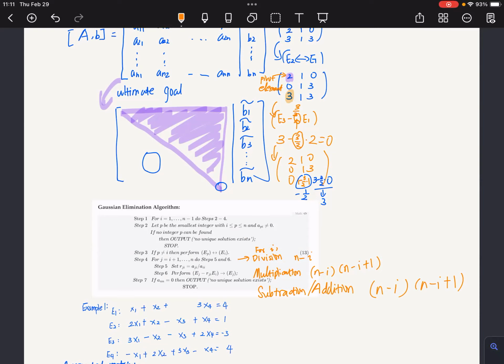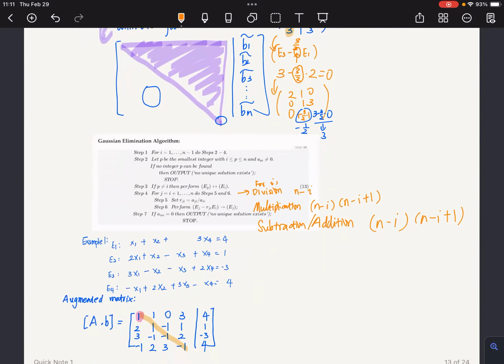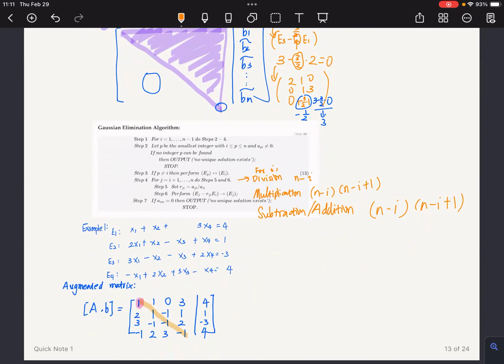So if we want to count the total number of operations, we need to sum over i from 1 to n minus 1, because we want to sum up all the operations.